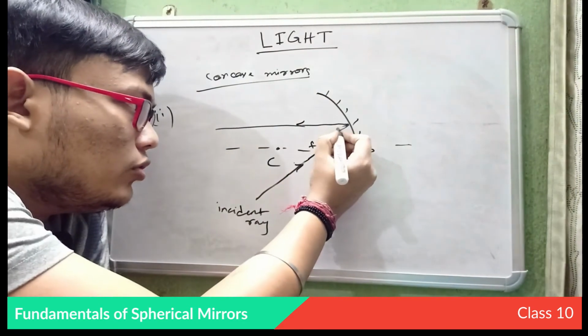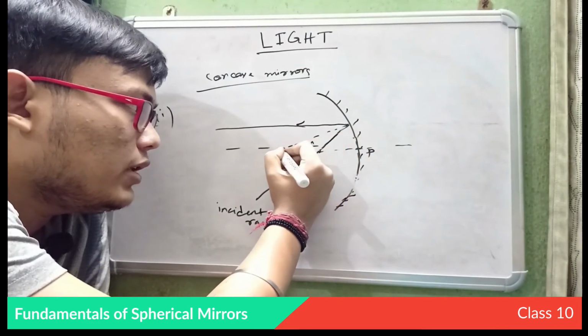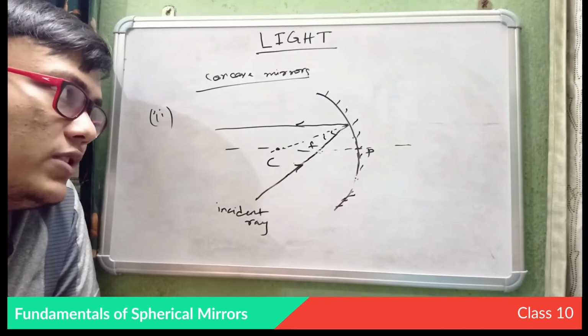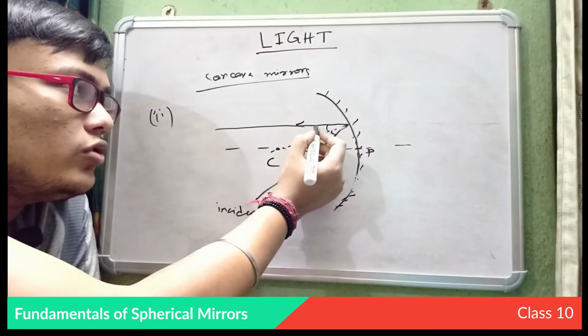Now if I draw the normal in such a way that it coincides with the center of curvature, this is the angle of incidence i, so the reflected angle will also be i.